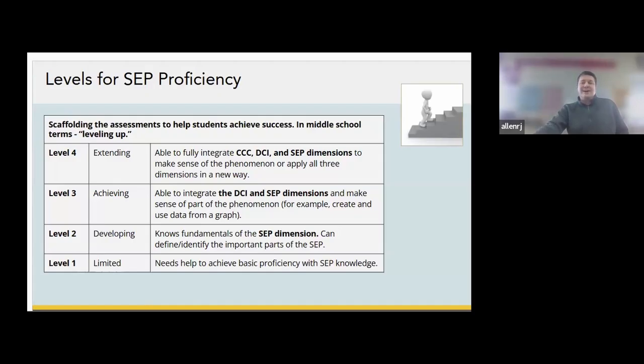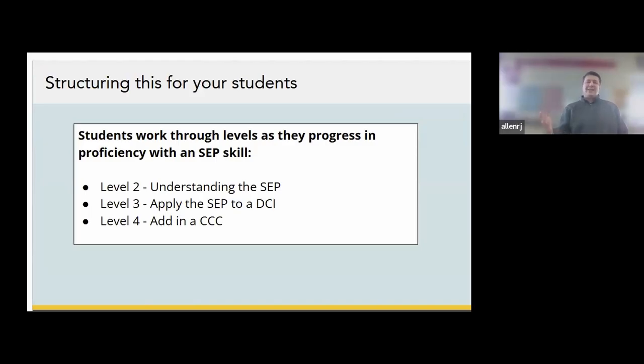I'll move on. So yeah, the level 2 is understanding the SEP. You're understanding the words, and then you're able to do it, to do a CER, to make a graph, to create a model with all of the parts, right? And then the level 3 would be applying the SEP to the DCI. So every assignment or assessment would have a different DCI focus, because as you're going through the year, you would apply the different SEPs to the DCIs.